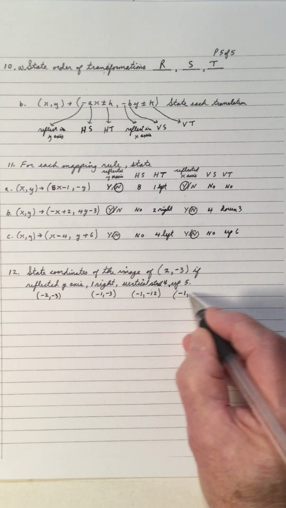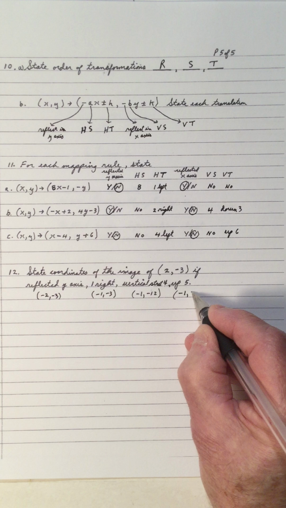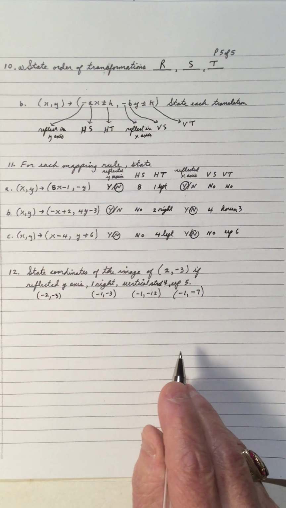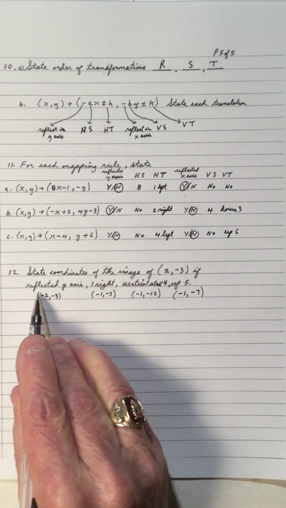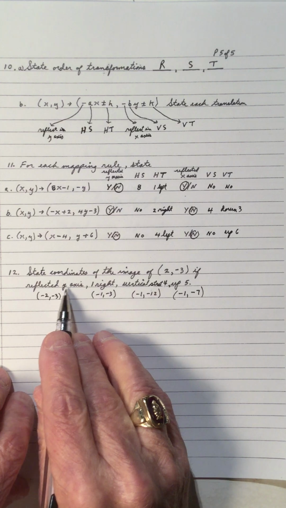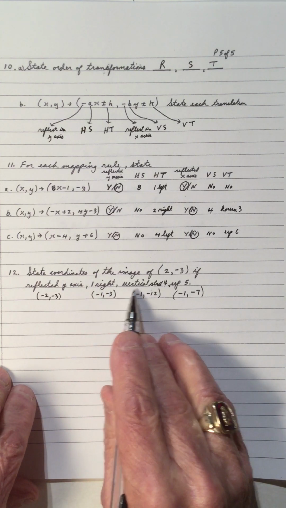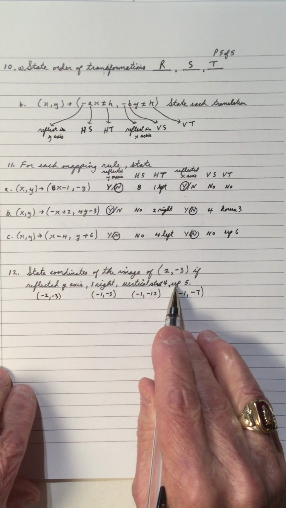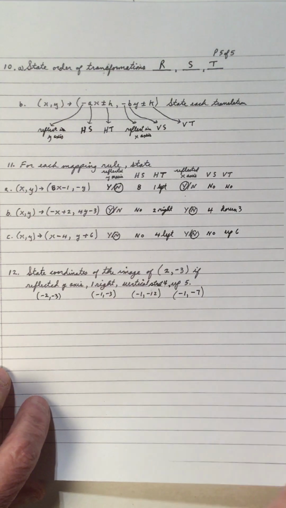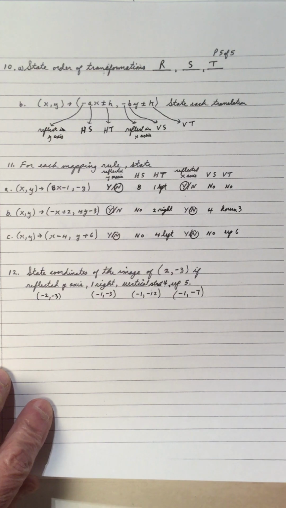So you go up 5 from negative 12, and you get a negative 7. So that's the coordinates of the image. You reflect it, move 1 to the right, vertical stretch of 4, and up 5. So there it is. That's the image. So I do one at a time, as you can see.